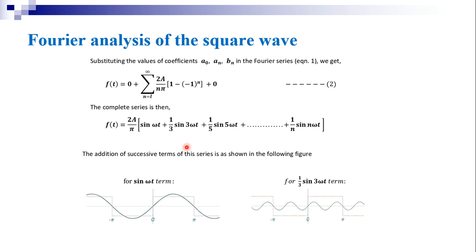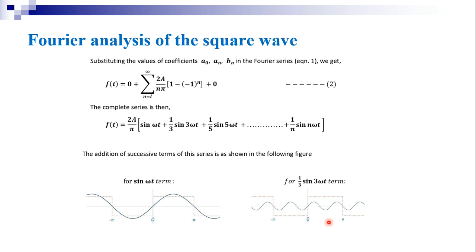So here you can observe these are the odd harmonics of the sine function. The addition of such successive terms of this series gives the Fourier series like this. For the sin omega t term, we will get a function like this, so it is shown in this figure 1.